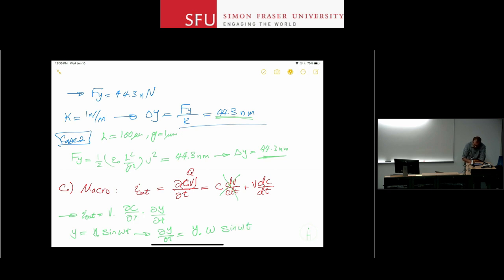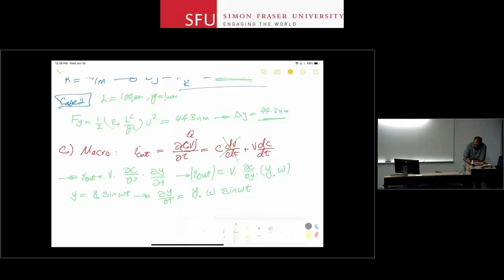If I'm interested in the magnitude of the output current signal, I out, it's going to be the DC voltage times dC over dy, which I calculated above, times the amplitude of motion times the frequency of operation. Now I can look at the two cases.